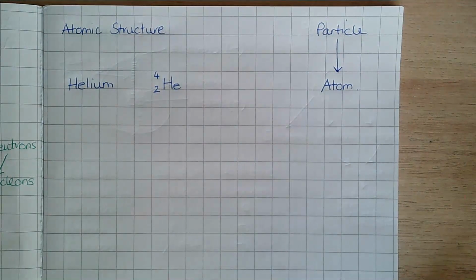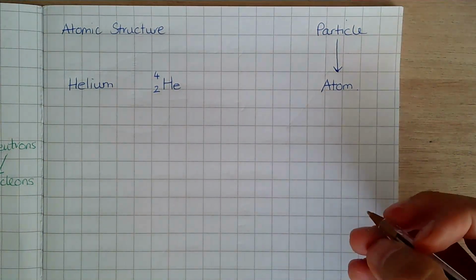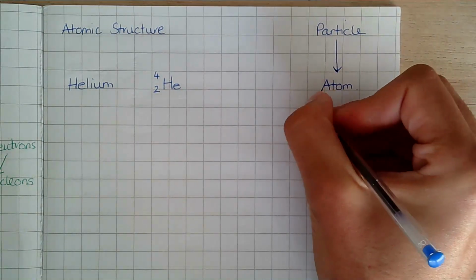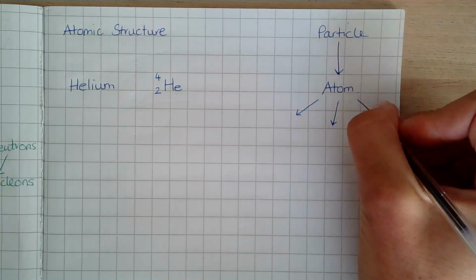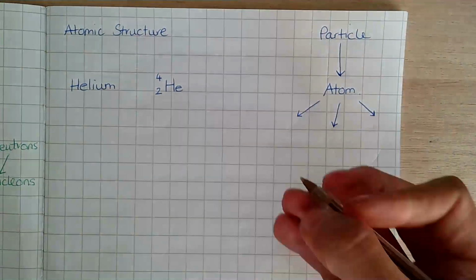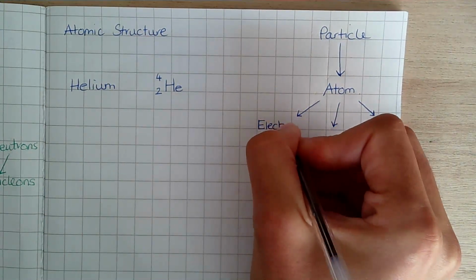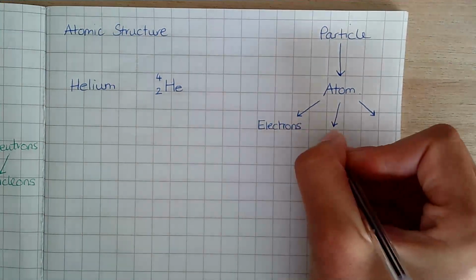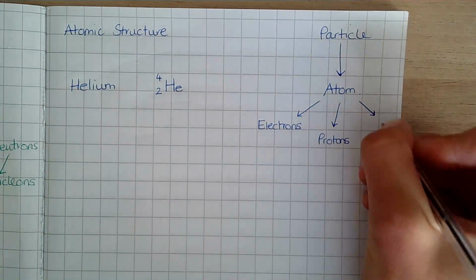So, question now is, what does an atom contain? It contains 3 things, which you should know from year 9. It contains electrons, protons, and neutrons.